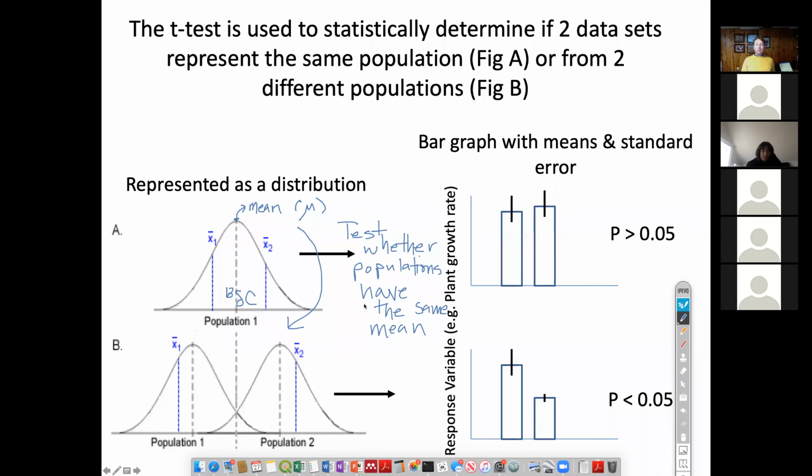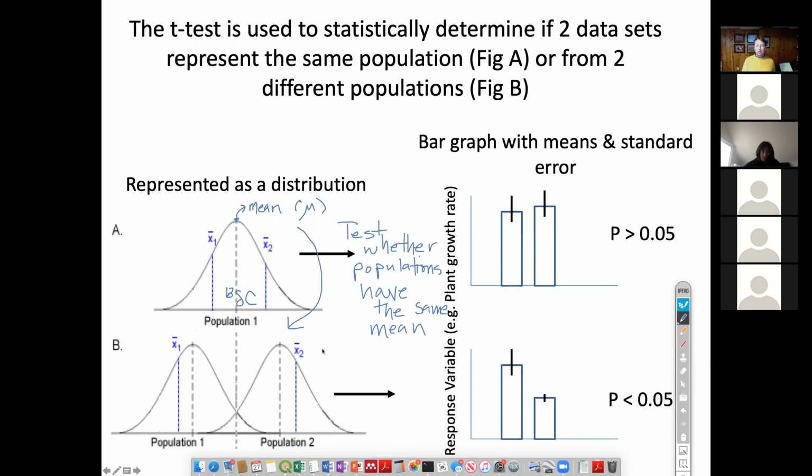Your first question might be, why can't I just look and see if the means are different or not? I calculate the average for this population, I calculate the average for that population, and if they're different, they're different. Well, the thing is that we don't know exactly what the true mean of that population is. We get a sample, some finite number of points out of this bell curve, and we calculate the mean from that, but we don't know whether that's the true mean of the population or not.